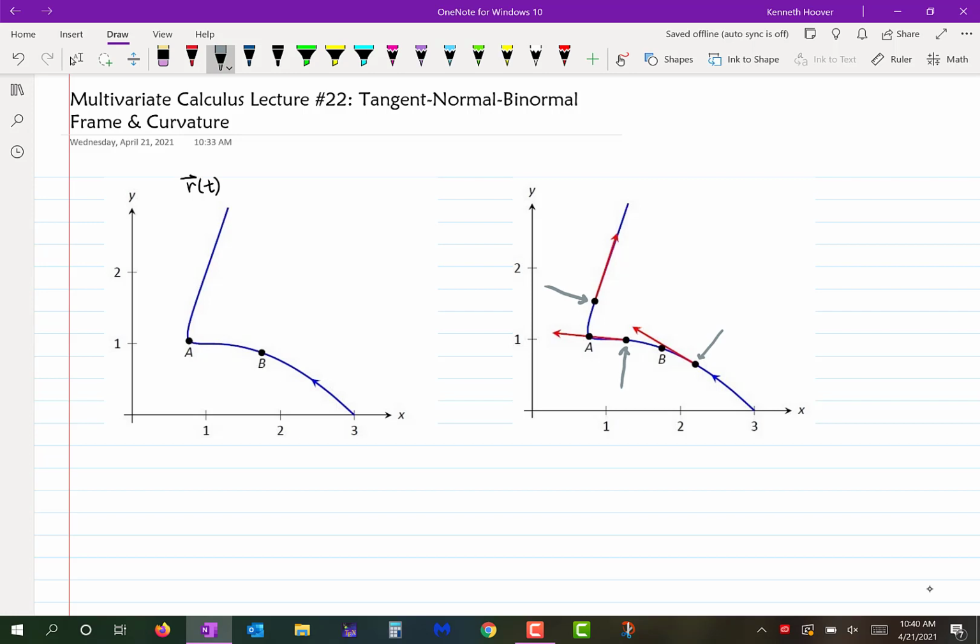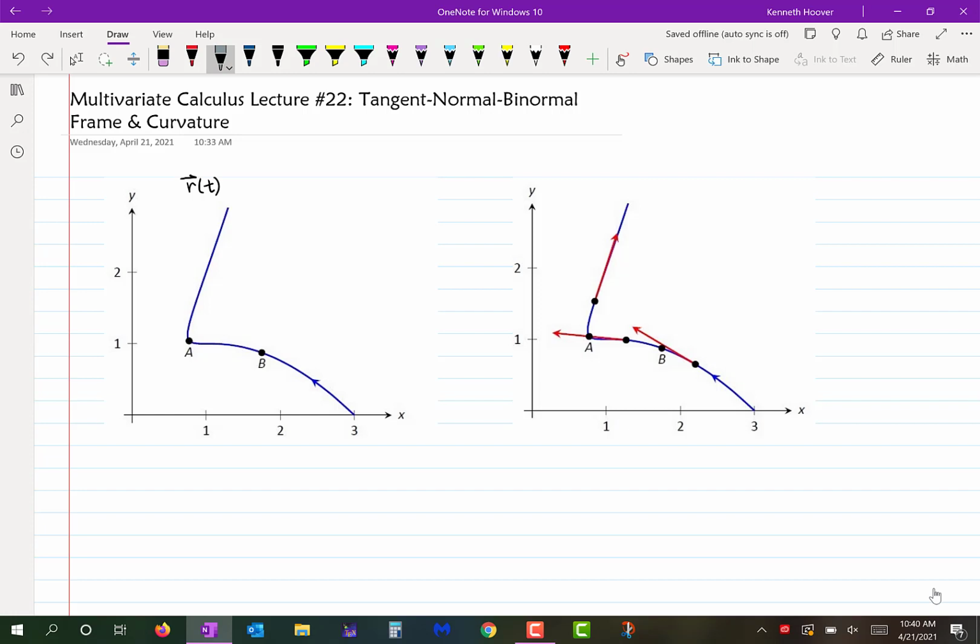Okay, now in order to keep things consistent, we would like all of our tangent vectors to maintain the same length. Okay, in other words, we would like the tangent vector to always be the same length.